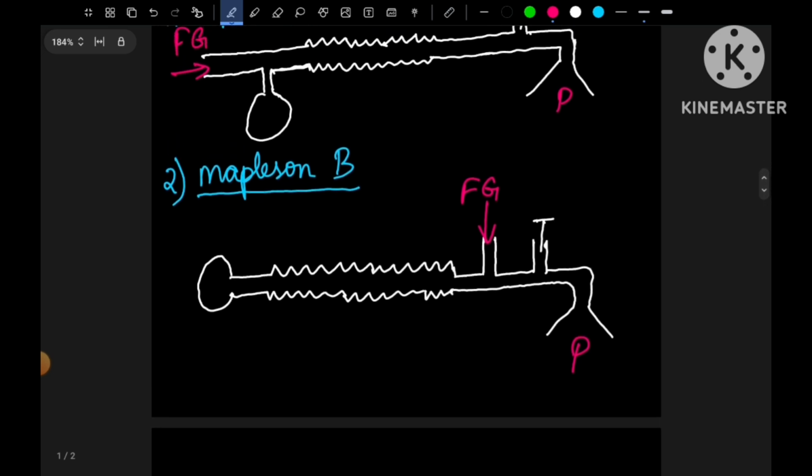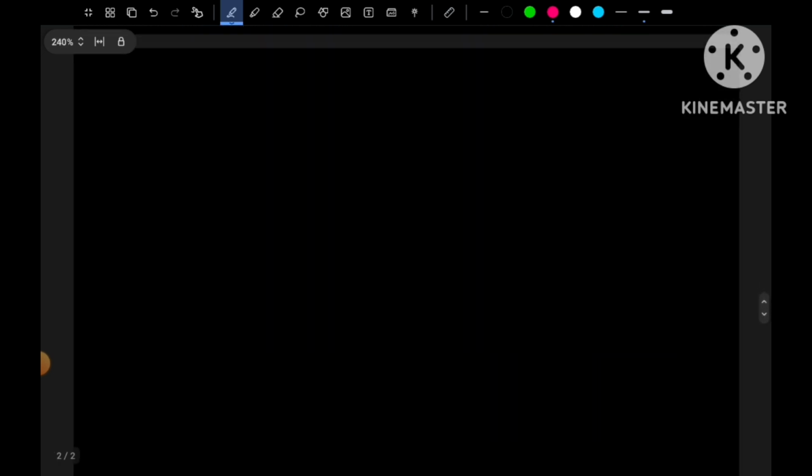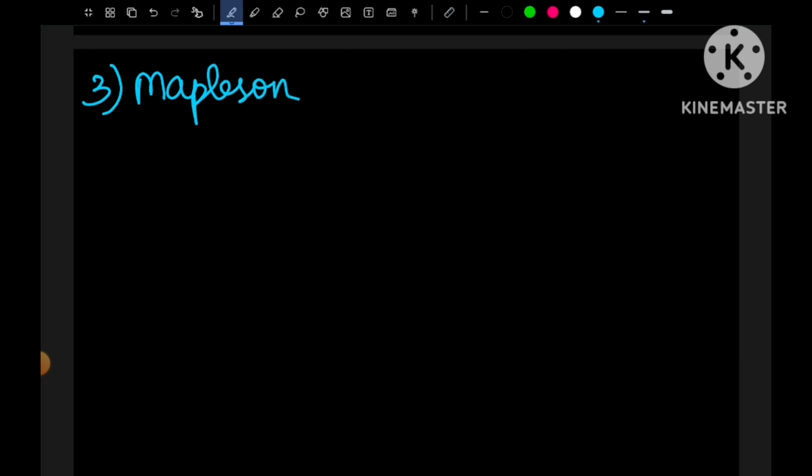Okay, so let's go to the third diagram. Mapleson C. Everyone would have one question, or you might have already known it.